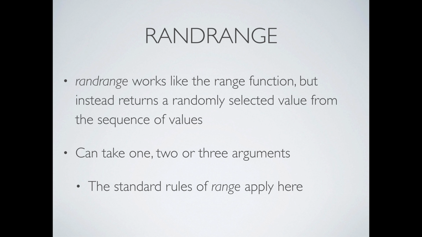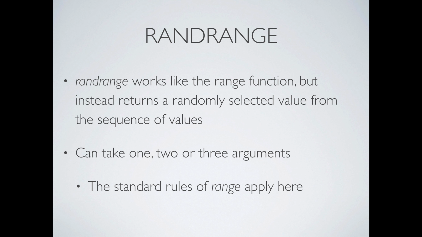Alright, there is a function called randRange. So this is a lot like the range function, but instead of generating a sequence of numbers like range does, it just returns a randomly selected value from what that range would generate.